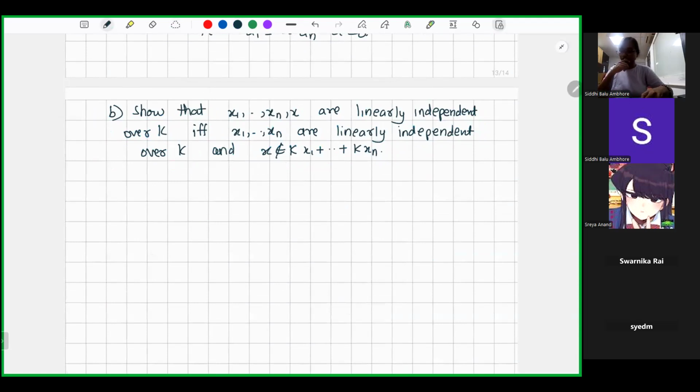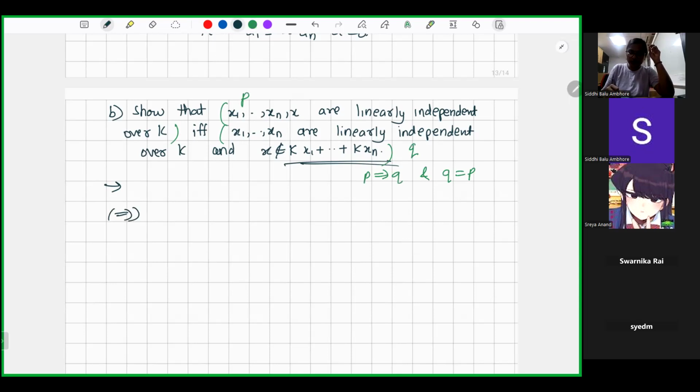Okay, so we have to prove that x1 to xn are linearly independent over K if and only if x1 to xn are linearly independent over K, and x does not belong to the linear combination of the previous n elements. So when we say if and only if, it means if this is my statement P and this is my statement Q, then I need to prove that P implies Q and Q implies P. This is Q. Okay, this is what we need to prove.